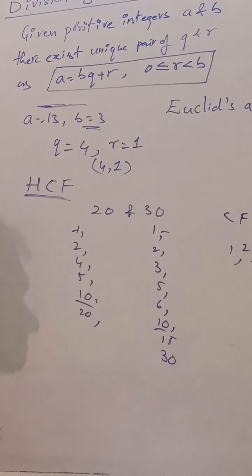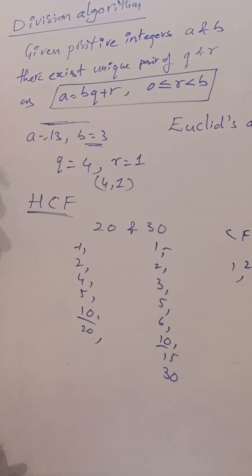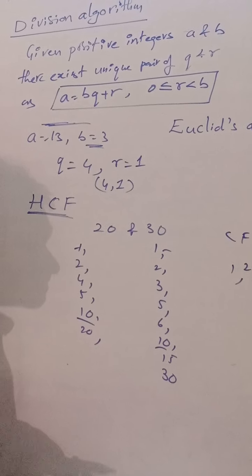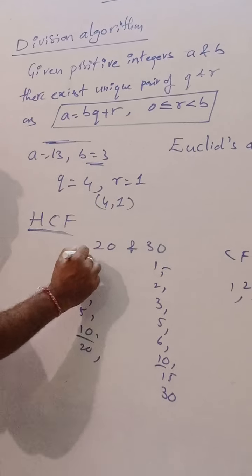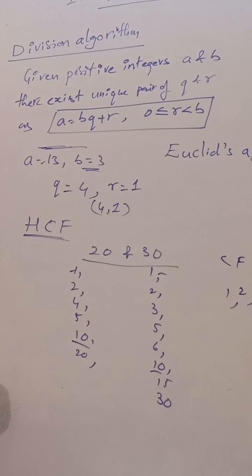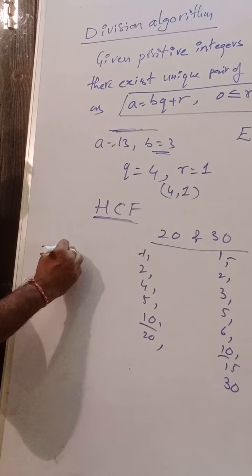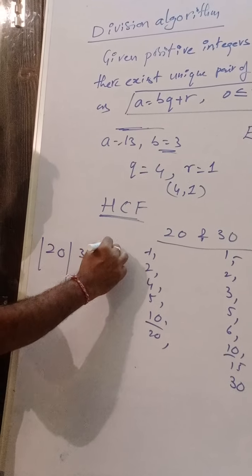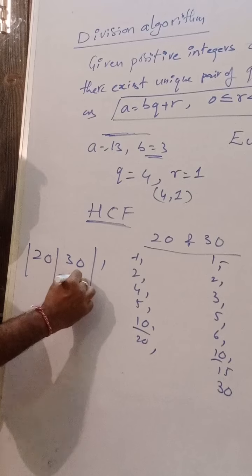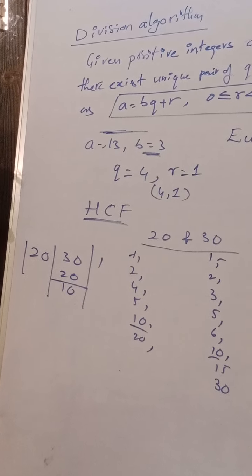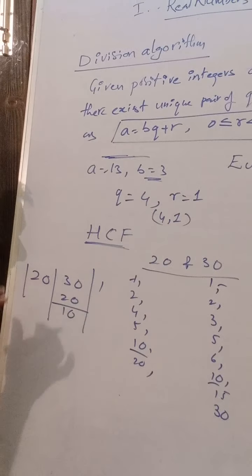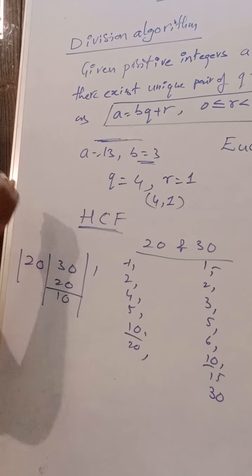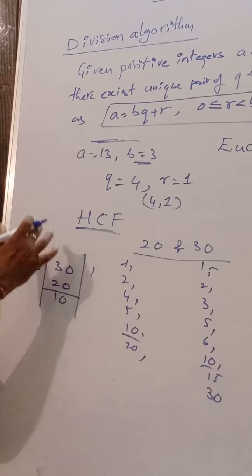We learned in 7th class about finding the HCF of two given numbers by the division method. Finding the HCF of 20 and 30 by the division method, we do it like this. 20 ones are 20. The remainder is 10. In the first step, 10 is the remainder, 20 is the divisor, 30 is the dividend.